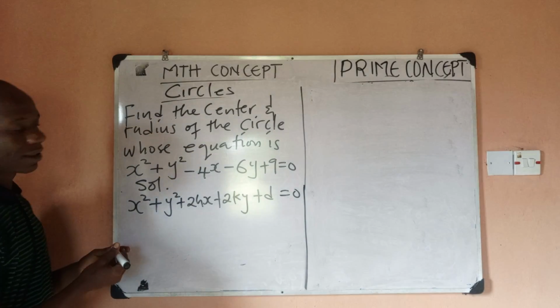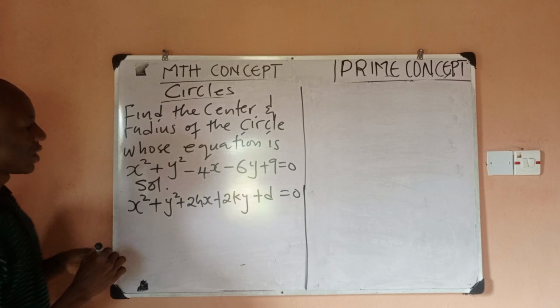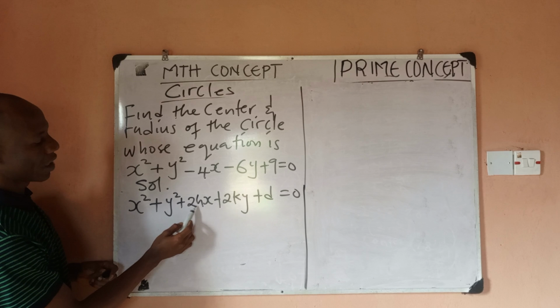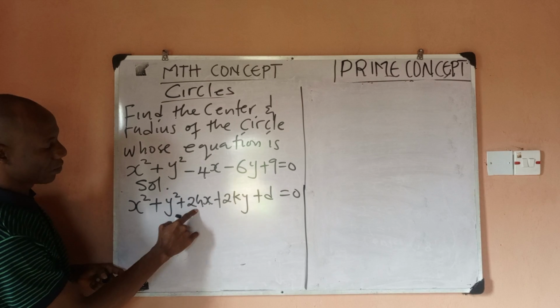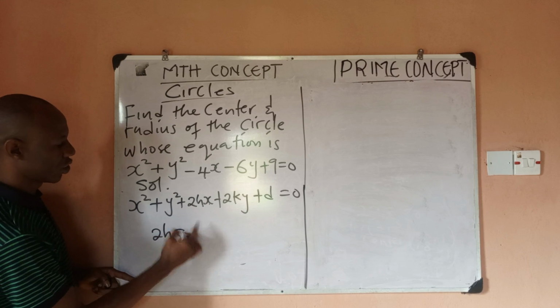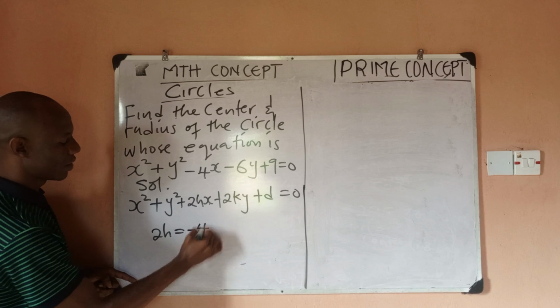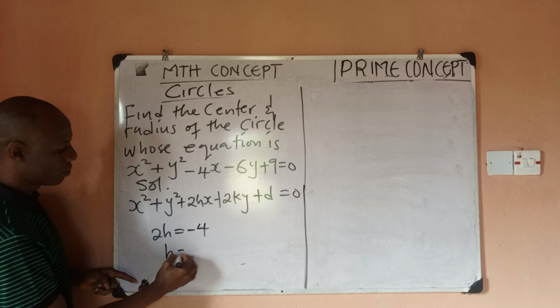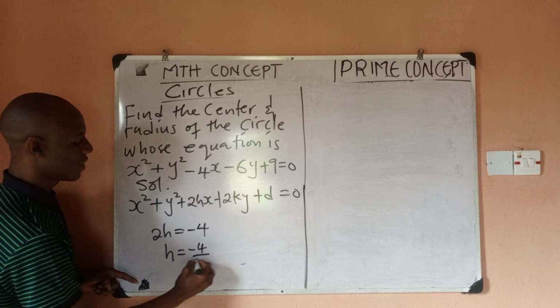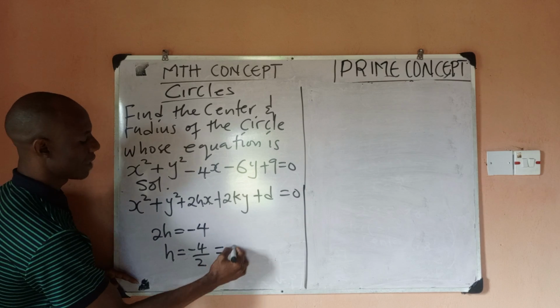So this is the general form of the equation of a circle, which simply means I can compare this x and this. Then I would have that 2h, which is this, is equal to minus 4. So that h becomes minus 4 divided by 2, which is then minus 2, right?